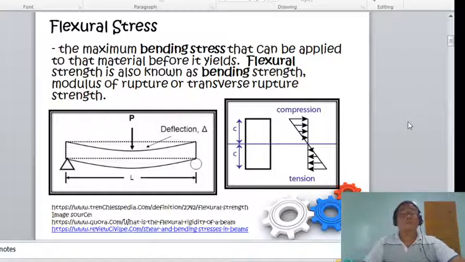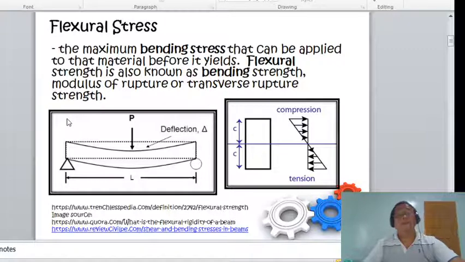If we look at the diagram on the slide, the beam is simply supported, and the load P is applied at the midspan of the beam. One end is fixed and the other is a roller.